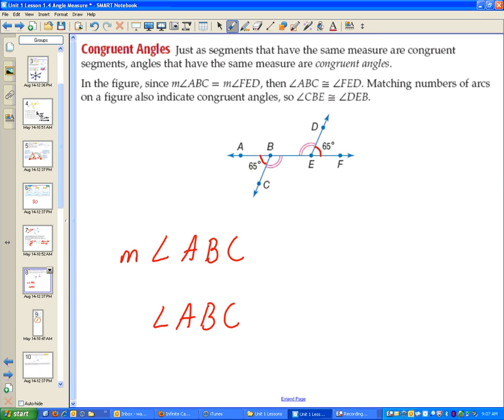One of them is talking about the number, one of them is talking about the segment. The one with the M, meaning measure, is talking about the number. The other one is talking about the actual physical angle. You think you got it? I think you got it. And that seems like a pretty good place to stop.